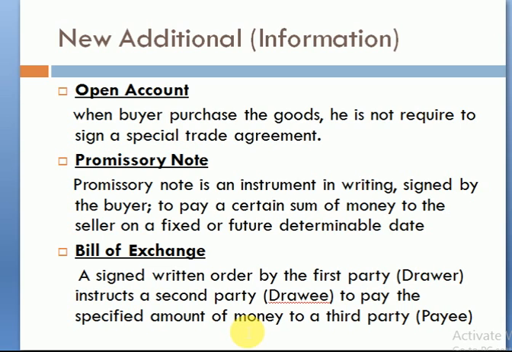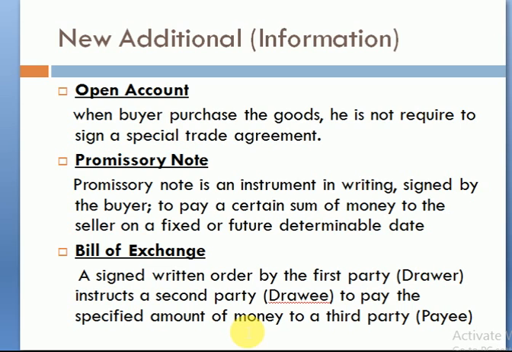Now a third party comes into this transaction, and that third party is a financial institution, the bank. So the bank issues its own instrument to that party.